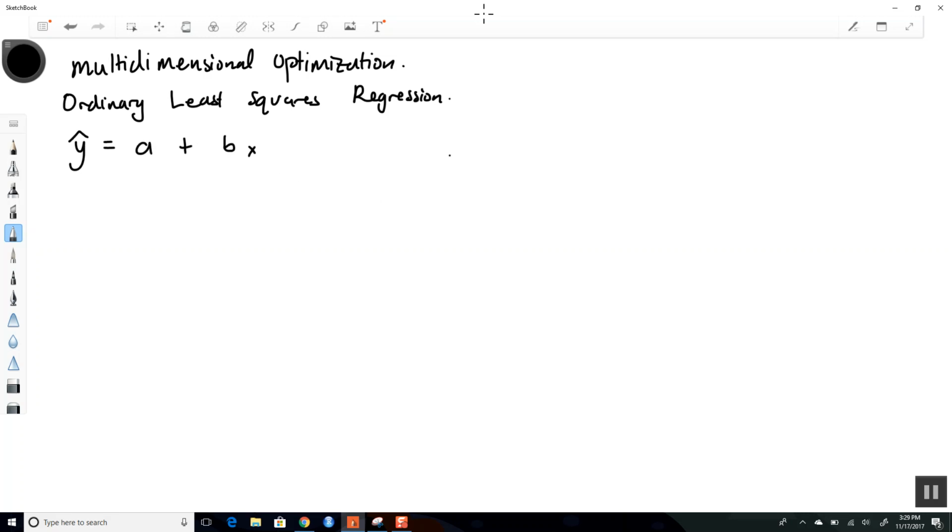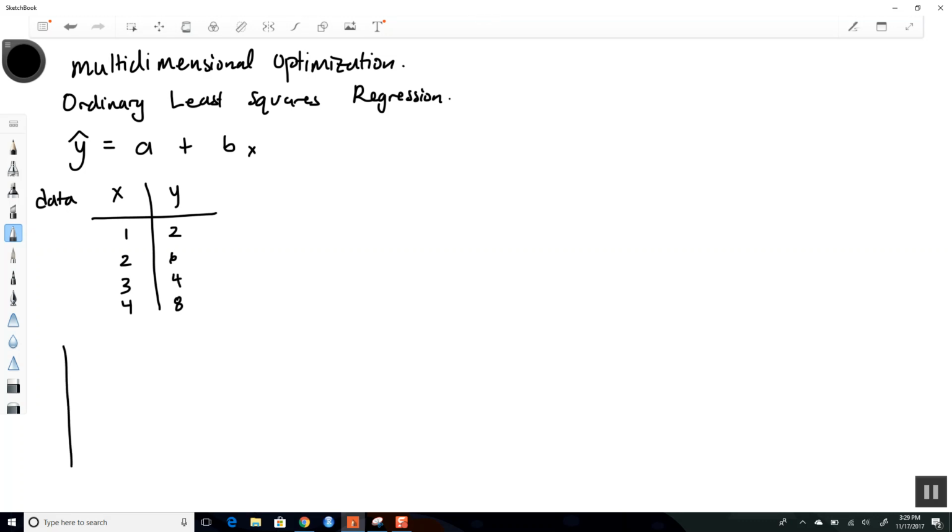I know we usually write beta 0 and beta 1, but we'll just do this. Okay, and so let's say my data, we'll keep it real easy. My x goes 1, 2, 3, 4, and my y goes 2, 6, 4, 8.